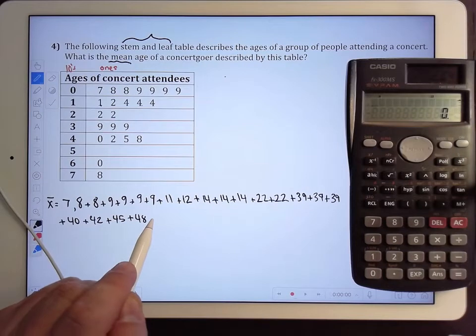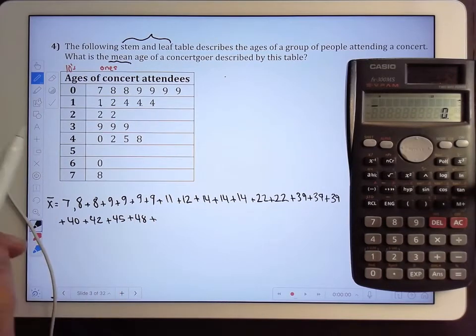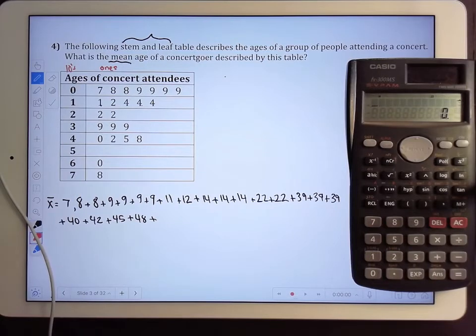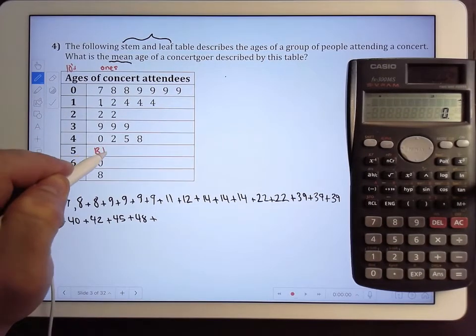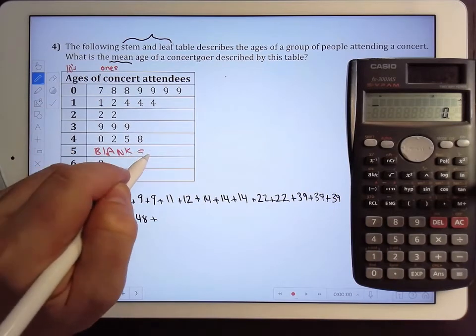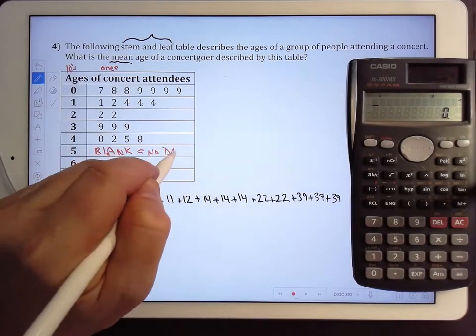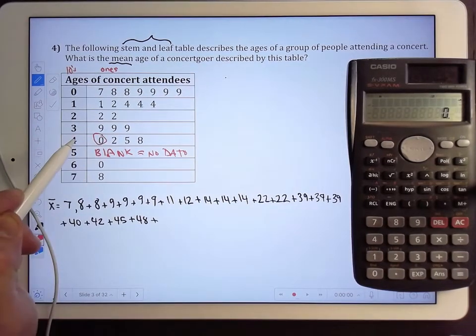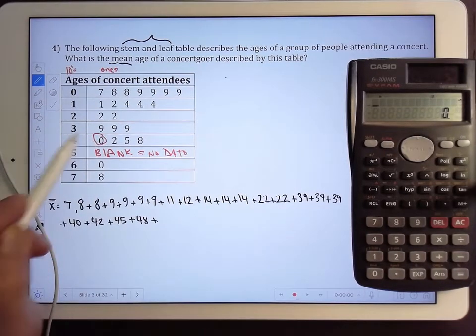Over here you have to be careful. You're going to want to write 50-something because there's that 5, but you'll notice that there is no single number here. This is blank. And when you have a blank, that means there is no data. Okay, a blank is not a 0. That 0, that person is 40 years old. 4 decades, 0 single years.